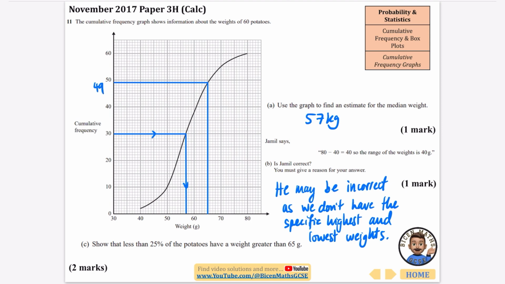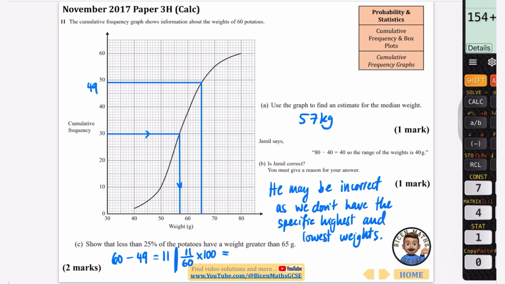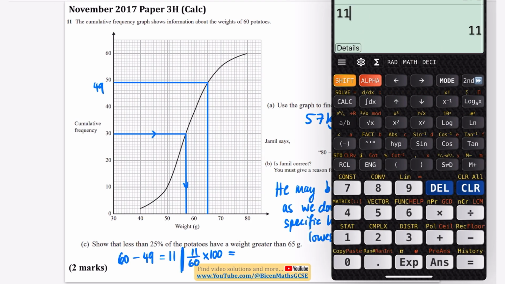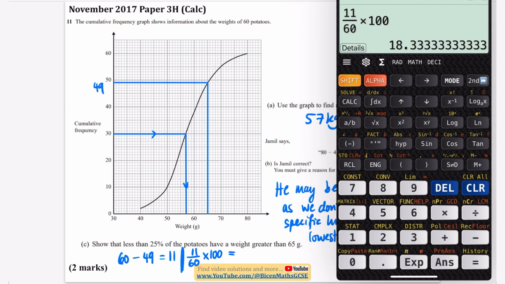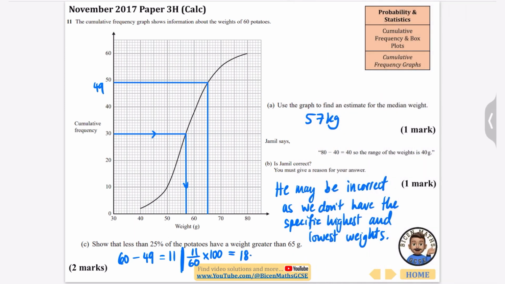So being greater than 65, I would do 60 minus 49. Well, that is 11. And I'm going to do that as a percentage. So I'll do 11 out of 60, multiply it by 100, which is 18.3%, which is clearly less than 25%.